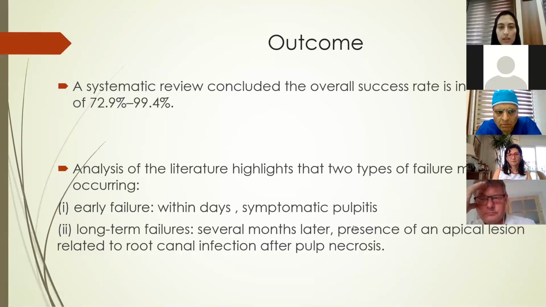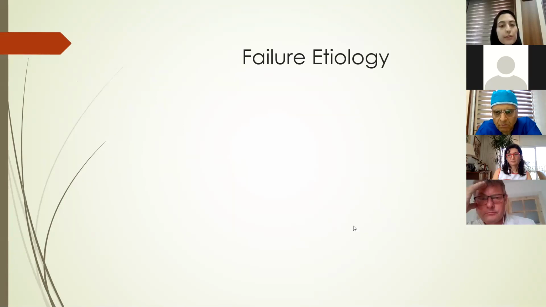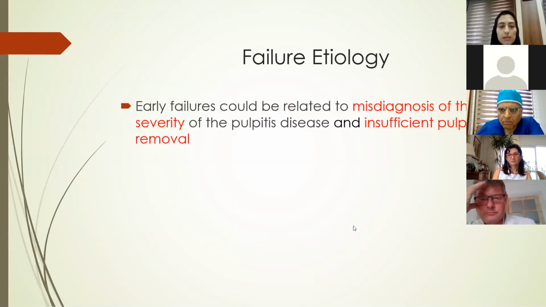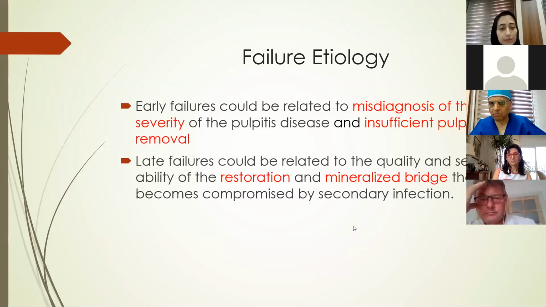And about the etiology, early failures are related to misdiagnosis of the severity of the pulpitis and insufficient pulp tissue removal. Late failures are related to the quality and sealing of the restoration and the mineralized bridge, which is expected to form.